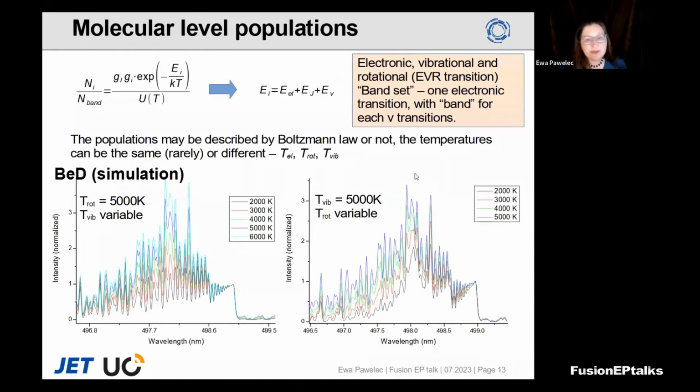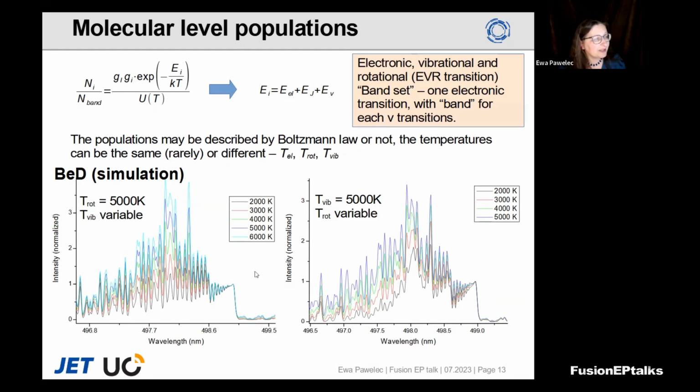You can see here one example of how such spectra look. These are relatively high resolution spectra of beryllium deuteride, the most popular molecule, apart from hydrogen, that is visible in JET.